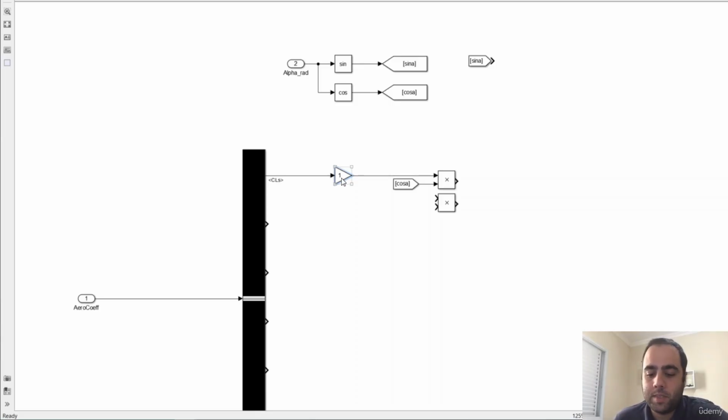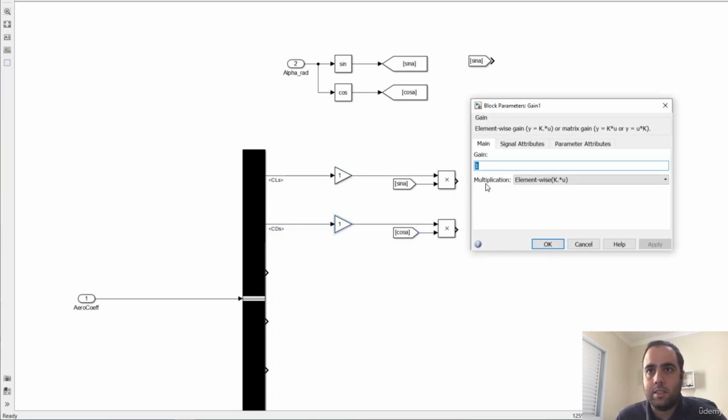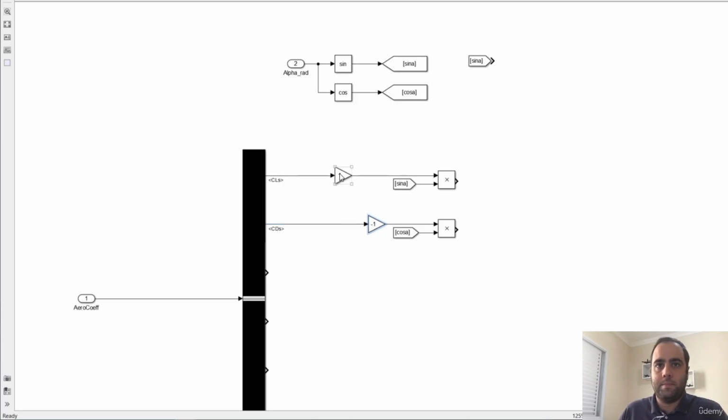It's going to be minus CD cosine alpha, where cosine of alpha is here, and plus CL, so it's positive here, positive CL sine of alpha. Okay. And we're gonna need a negative sign in the CD here, so it's -1 here.